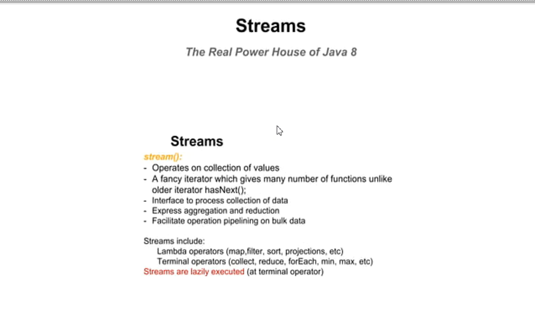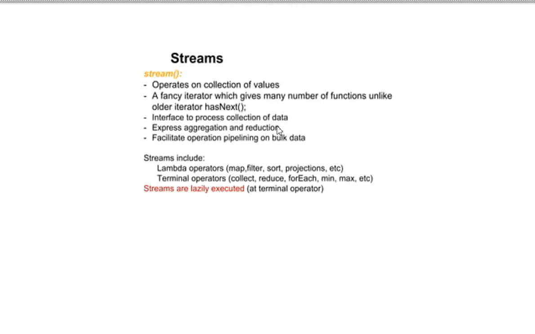It is an upgrade to the earlier iterator, which had only one method, next, while streams have more functions and methods. It is an interface to process a collection of data, and it expresses aggregation and reduction, and facilitates operation pipelining on bulk data. This is what a stream is all about.